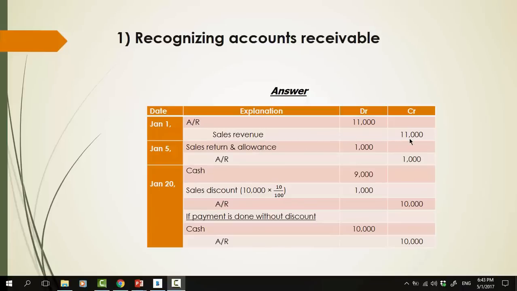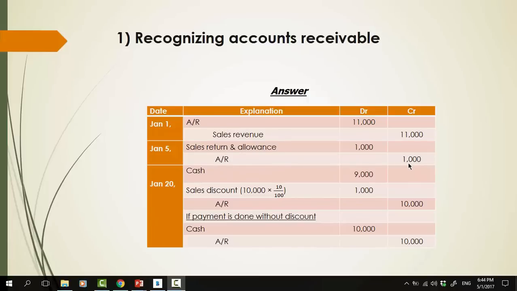The sales in the credit side as it's a revenue, then the sales return and allowance will be in the debit side, and for sure the amount of the account receivable will be reduced or decreased. And the account receivable is an asset, increase in the debit, decrease in the credit. Then sales return and allowance and account receivable.